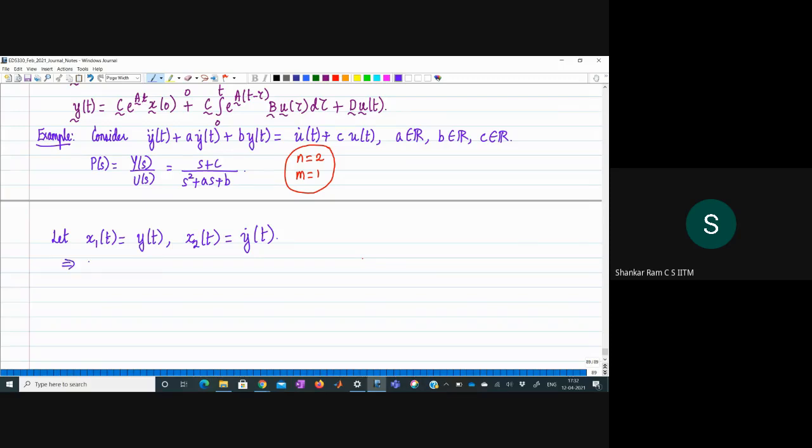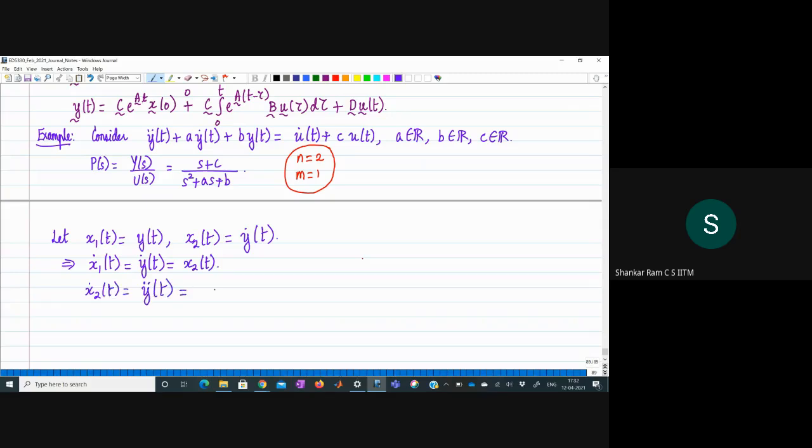If we have this, we will immediately see that x1 dot will be equal to y dot, and that's going to be equal to x2. This is a very straightforward equation to write. Now let's come to x2 dot. x2 dot will be y double dot.